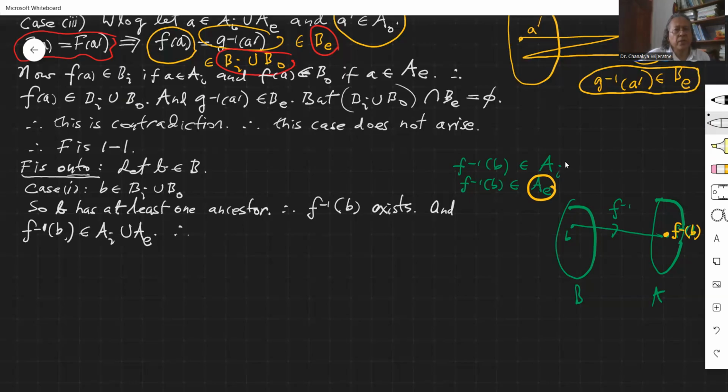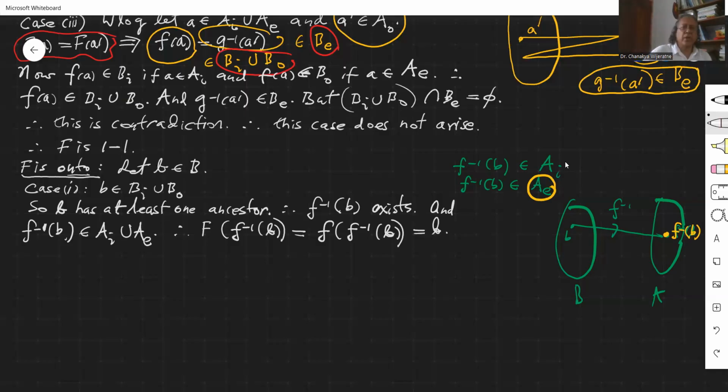So therefore, capital F of F inverse of b is equal to, by the definition of capital F, F of F inverse of b, and this is b.